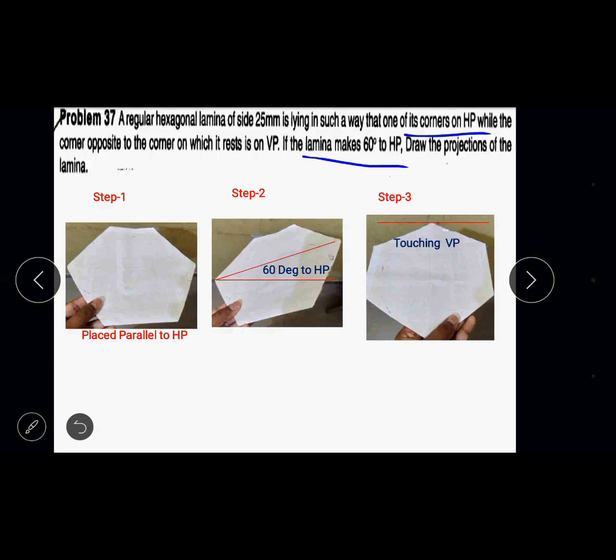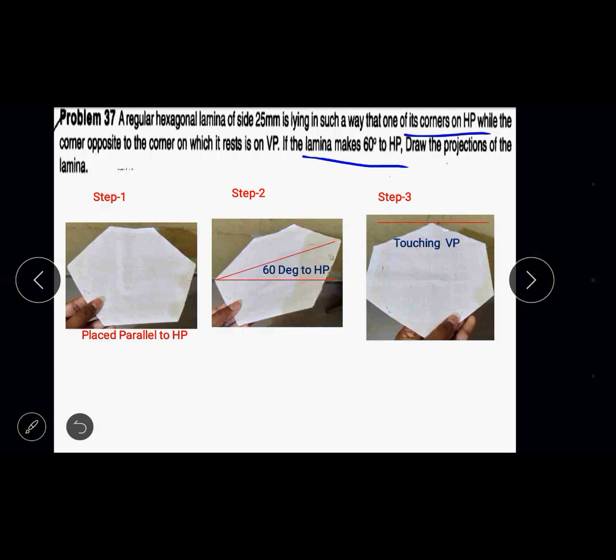If the surface inclination is given with reference to VP, the vertical plane, then it will be the second category, VP resting. In HP resting, the surface inclination with reference to HP is always given. Since the lamina makes 60 degrees to HP, it is clearly HP resting, category 1.